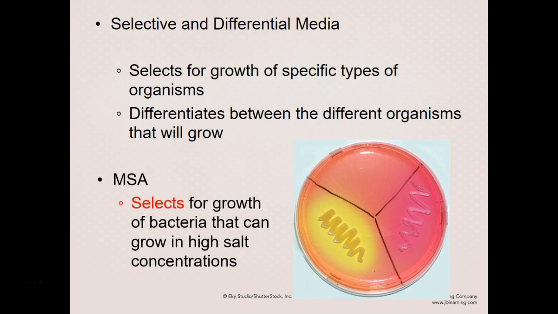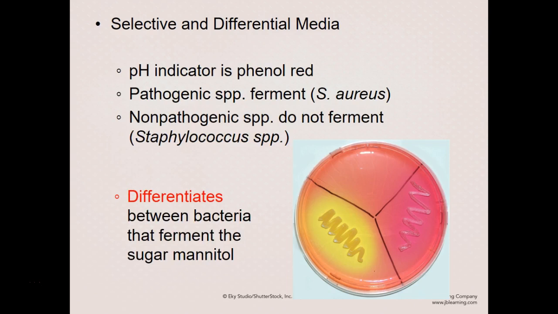Mannitol salt agar is a selective medium. It selects for the growth of bacteria in a relatively high salt concentration, so higher than normal. And then it is differential on the basis of bacteria that ferment mannitol, which is the sugar, and those that don't.